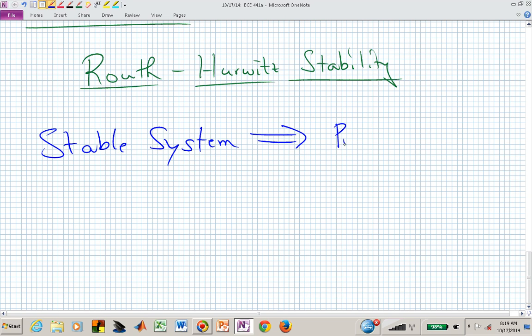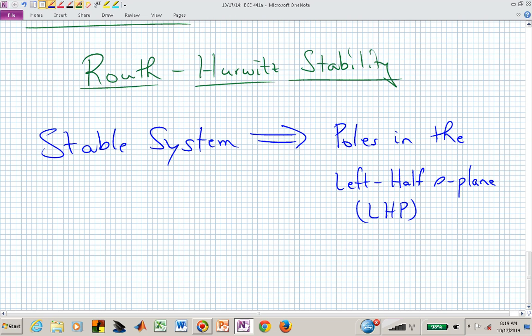We want our poles in the left half S-plane, and I might abbreviate that as LHP. As long as the denominator roots are in the left half plane, we have a stable system. And the denominator is of our closed loop system.